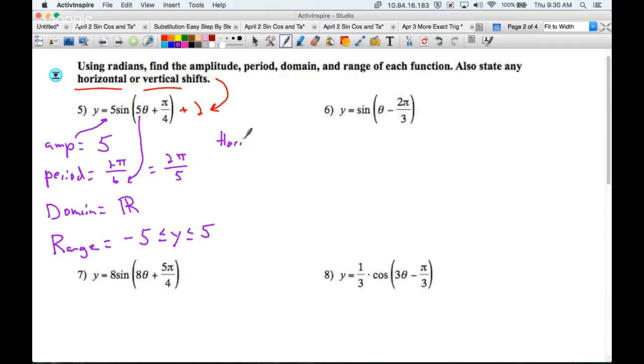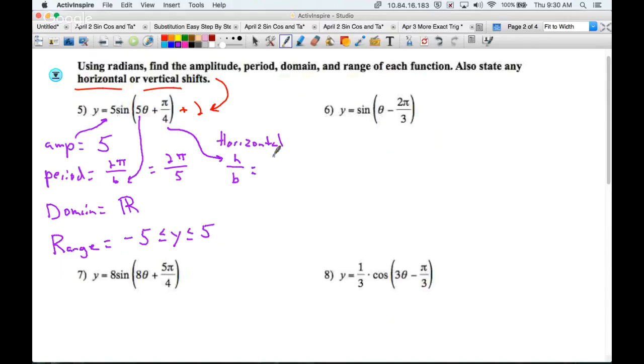Horizontal shift. This one's also a little tricky. It has its own formula. It is h divided by b, where h is that number right there, but I want to flip its sign. So if I see a plus here, we have to know that the formula already has a minus in it. So the only way to get a plus is to make our h negative as well.